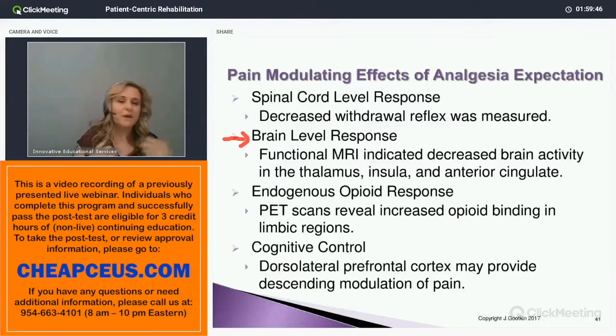Another example, looking at opioid binding, they're finding that whether an individual is expecting that pain is going to be relieved or whether they actually receive a treatment or intervention that relieves it, on PET scans they're seeing opioid binding in that limbic region to ultimately relieve pain, even if they received a placebo.